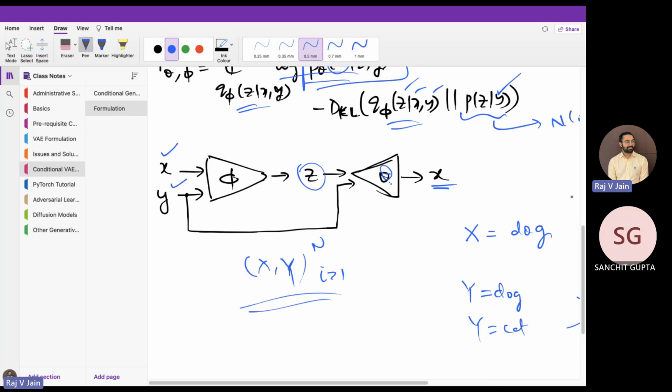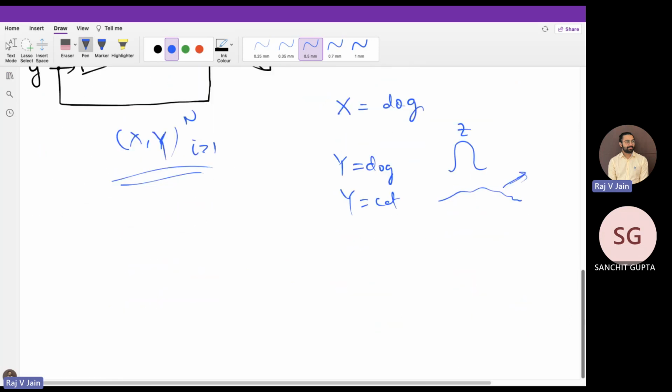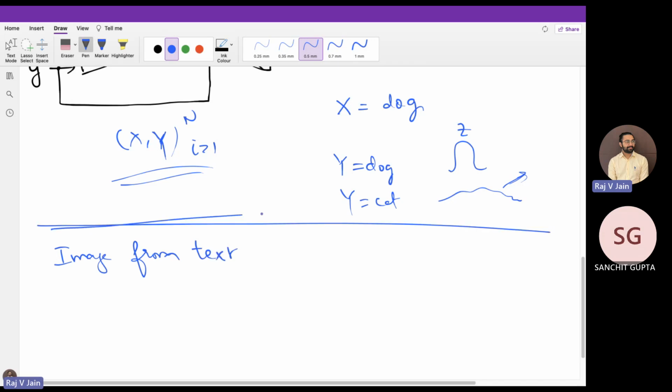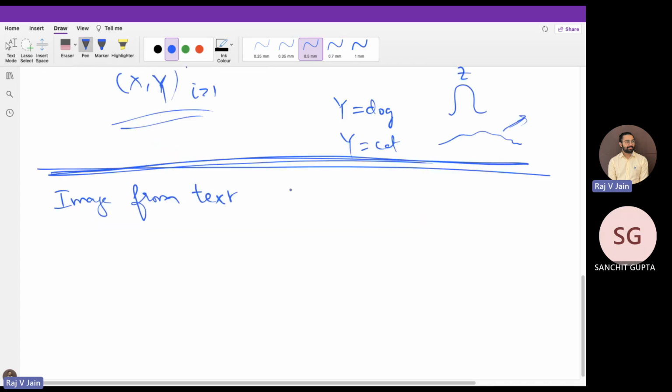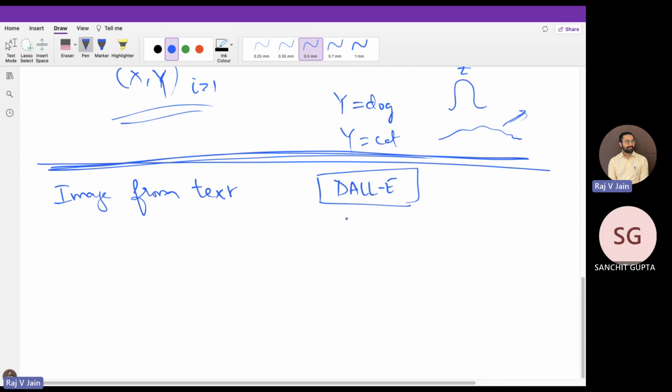Now, this conditional generation idea is what underlies the things that we have been looking at, for example, image from text. So we need to think about this a bit carefully. Let's say you look at DALL-E, a very recent model.